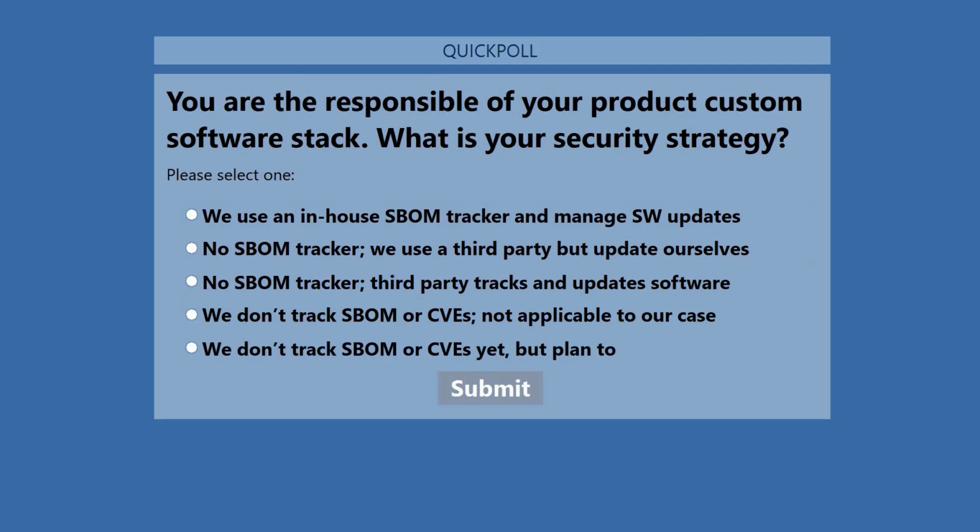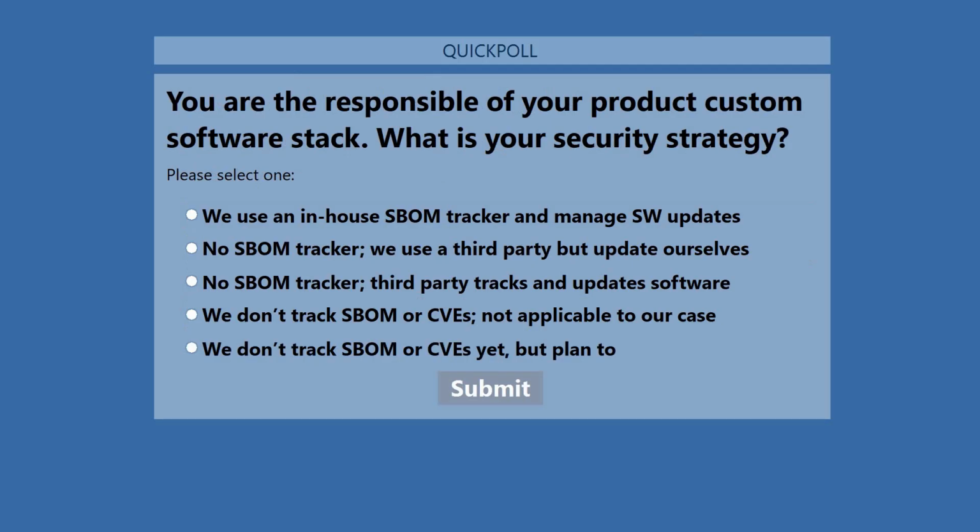The last poll is asking you which kind of SBOM tracking you do. So the first option is you manage everything in-house, the SBOM tracking and also the generation of the updates. Another option is you rely on third-party services for SBOM tracking, but do software updates on your own.